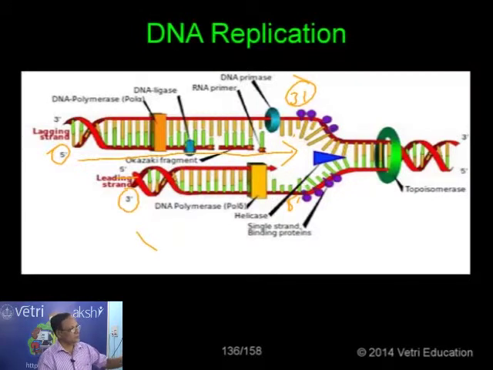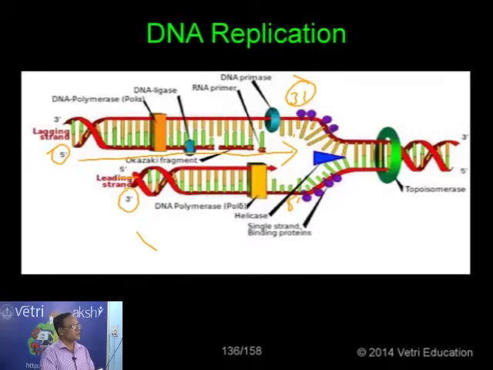So for the synthesis of the continuous strand, we need only one primer. But for the synthesis of the discontinuous strand, as we have several nicks, several broken segments, we need several RNA primers. Several RNA primers are laid down, and each one is synthesized by the RNA primase enzyme.